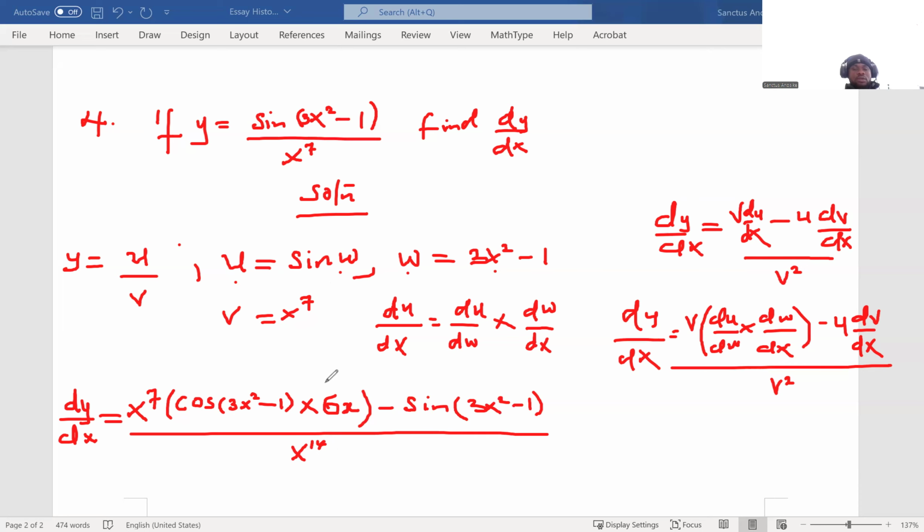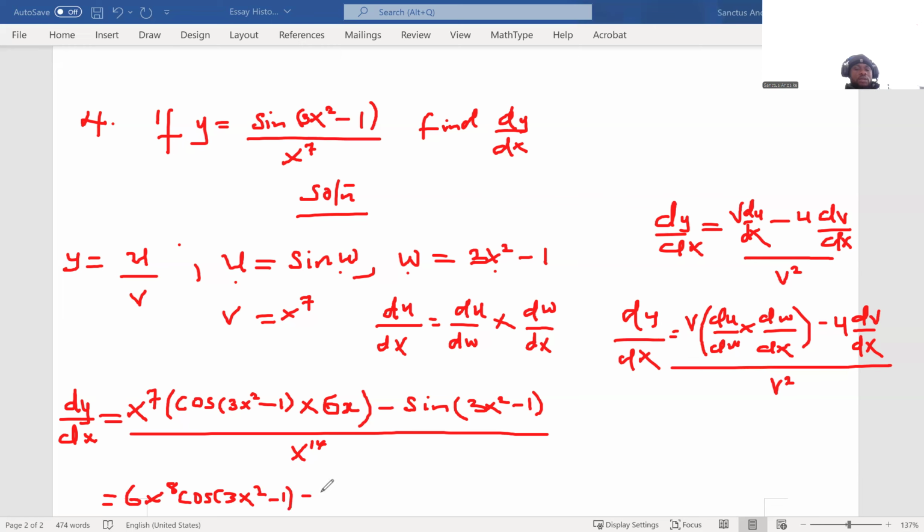Maybe we're going to multiply this with this. So we'll now have 6 times this. I have 6x to the power 8. Okay. Then cos of 3x squared minus 1.